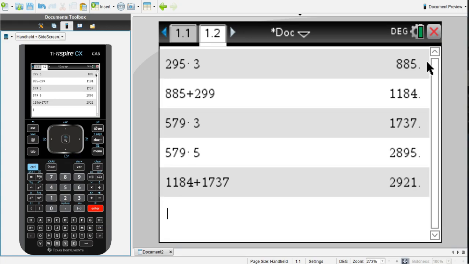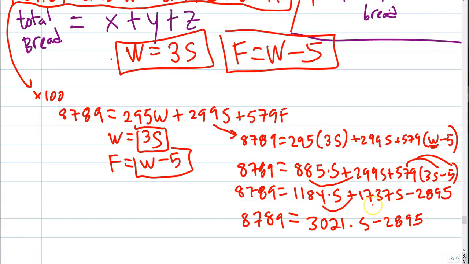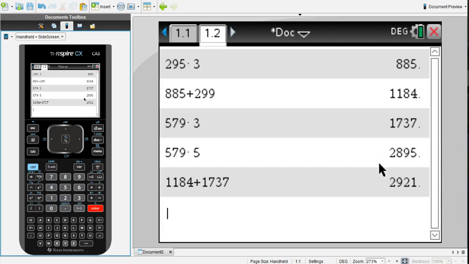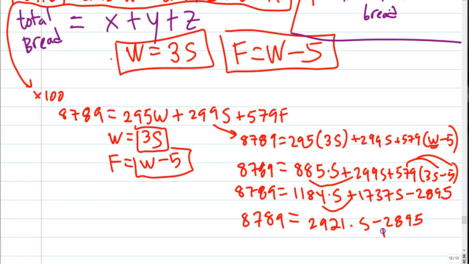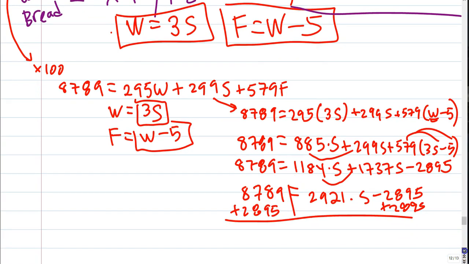Ooh, did I mess up? I sure did. See? It happens. So that should be, I think, 2921. Double check that. Alright. We are going to add 2895, and we're going to start saying a little prayer, hoping this is divisible by 2921.